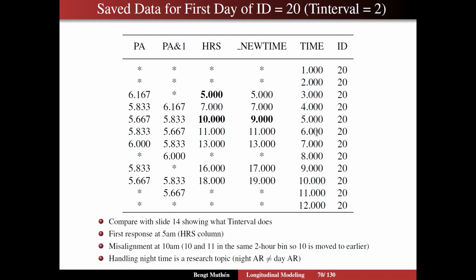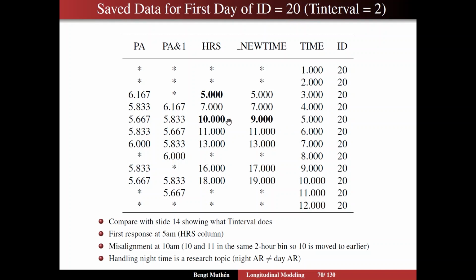So we had to move 10, the earlier hour, into an earlier bin, the 8 to 9 bin, and therefore we get a misalignment between the actual time that positive affect was recorded and the time that is assumed by the new time variable.